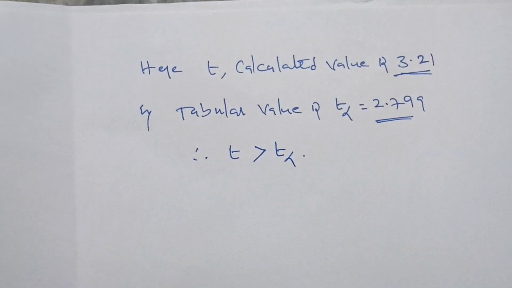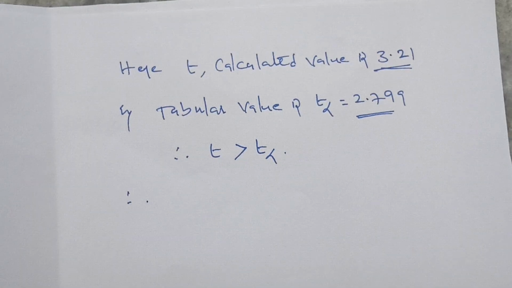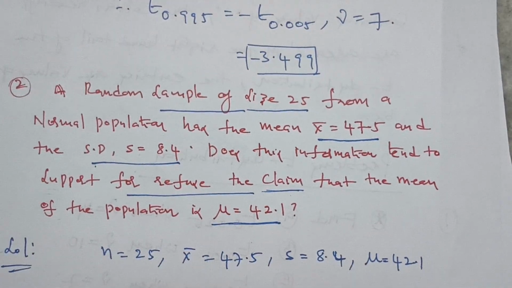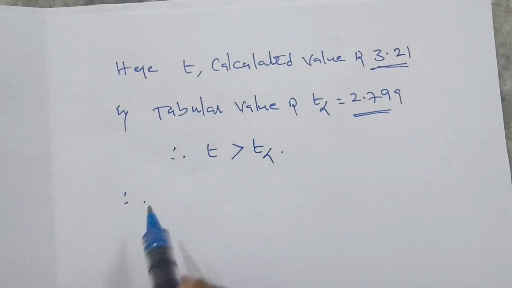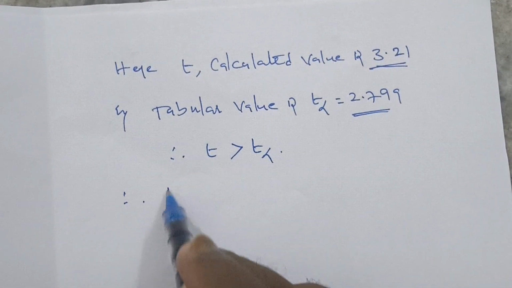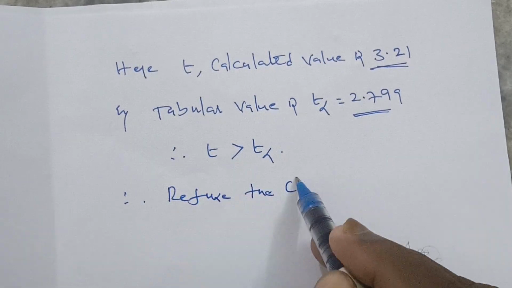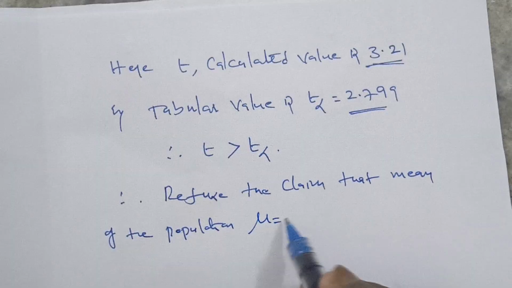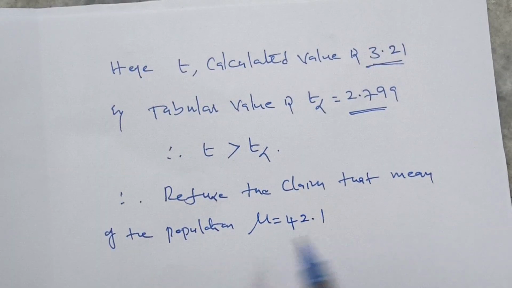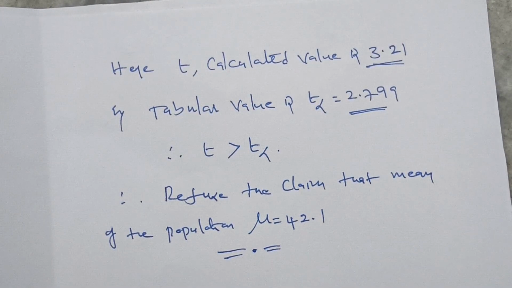So observe these two: t is greater than T alpha. Therefore, we conclude that the information does not support the claim. Since the calculated value t is greater than the tabular value T alpha, we reject the claim, that is, refuse the claim that the mean of the population is 42.1.